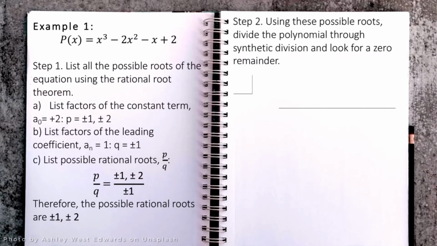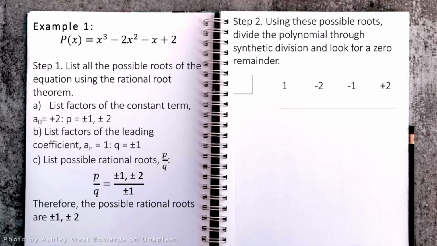Step 2. Using the possible roots, divide the polynomial through synthetic division and look for the zero remainder. Okay, in synthetic division, we need to get all the coefficients of this function. We have 1, negative 2, negative 1, and positive 2.